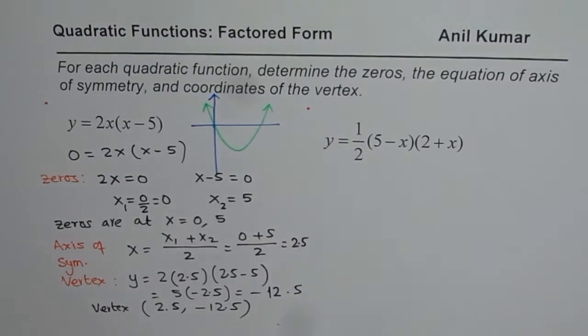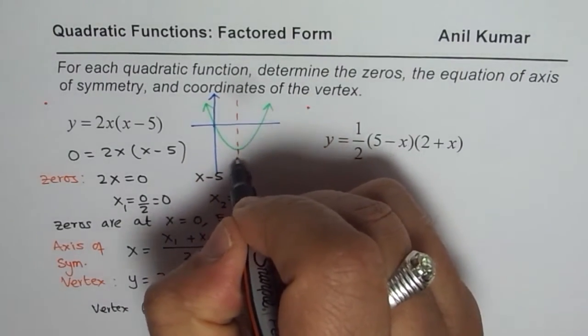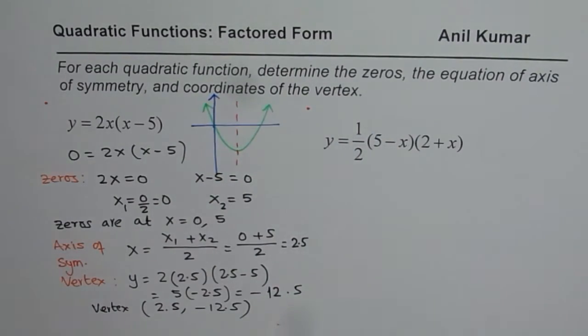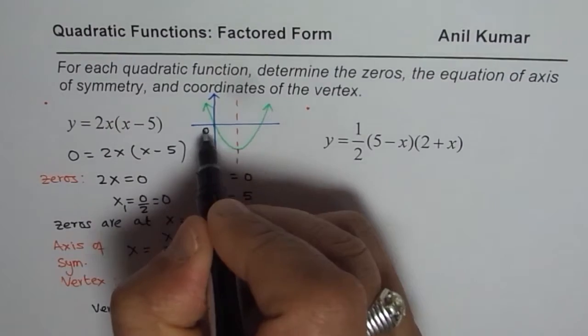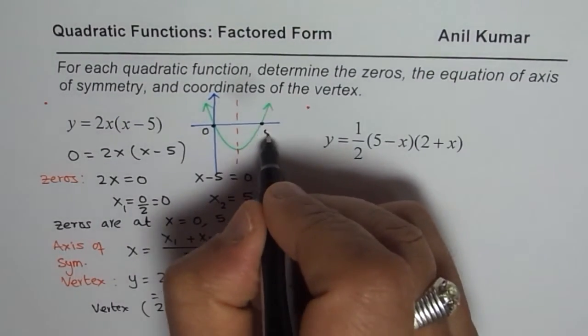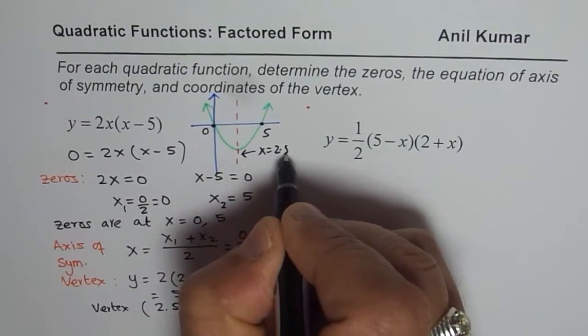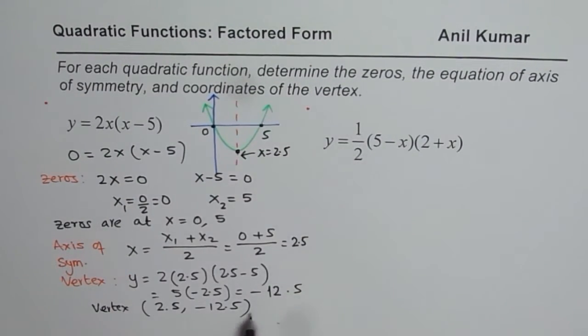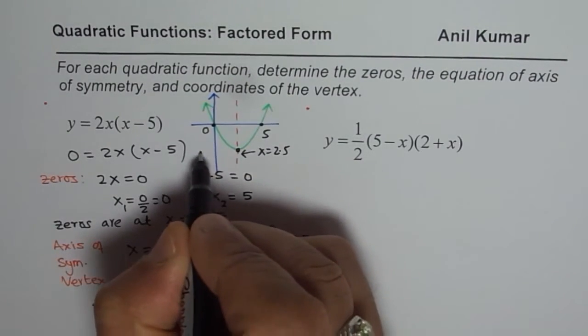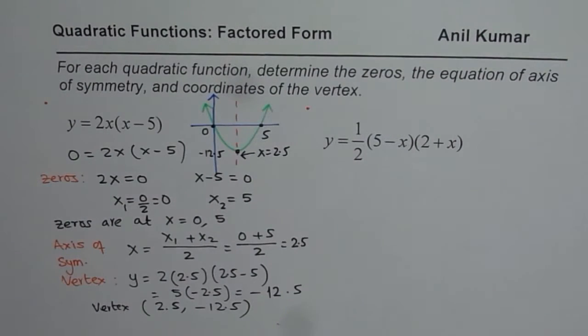It looks kind of like this, where this is your axis of symmetry, just to give you an idea. And these are the two points: one zero is at 0, the other zero is at 5, and this is your axis of symmetry, x equals 2.5, and this y value is minus 12.5. Do you see that? So that is how you could sketch the parabola also, correct?